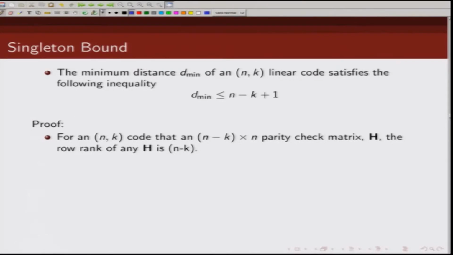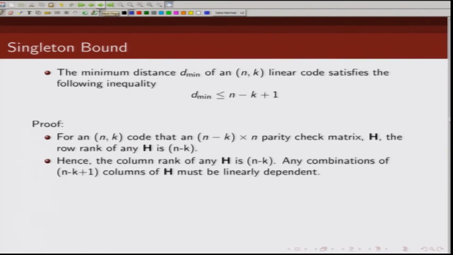So, for an (n,k) linear block code, we have an n minus k cross n parity check matrix. And what is the row rank of the parity check matrix? That is n minus k. Now, if the row rank is n minus k, then column rank is also n minus k.